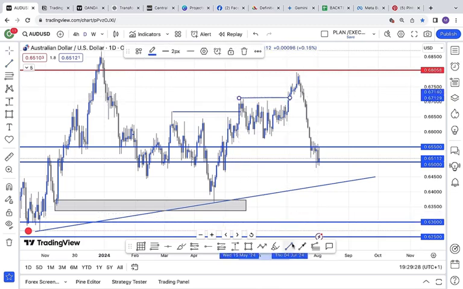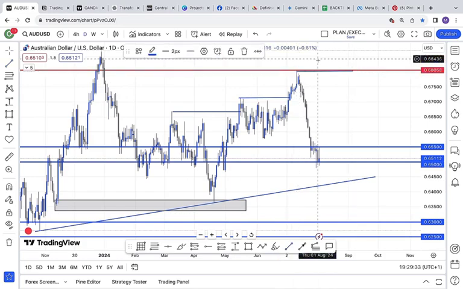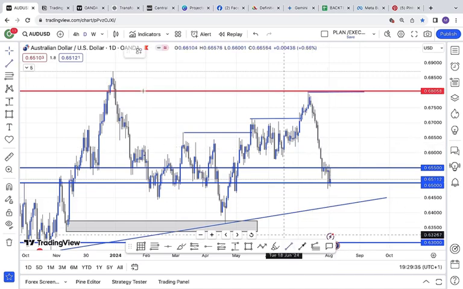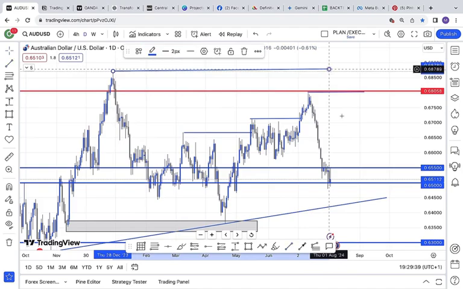Now we have this buy side liquidity resting above here, and we have the ultimate high here. Okay, this is on the daily.